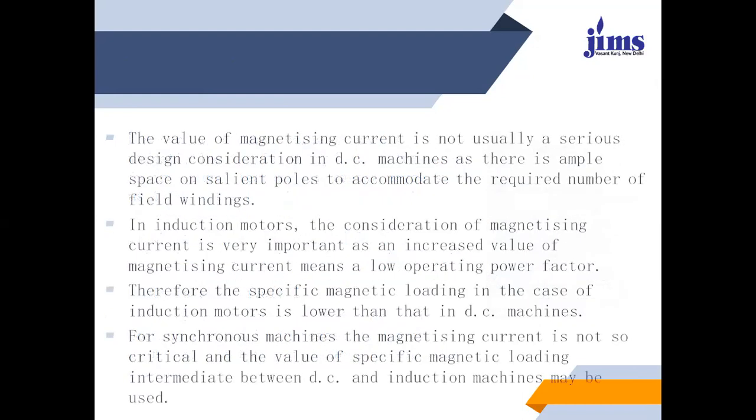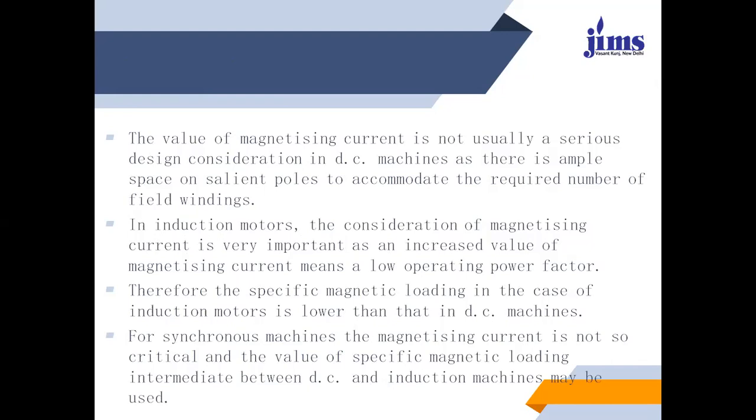The value of magnetizing current is not usually a serious design consideration in DC machines, as there is ample space on salient poles to accommodate the required number of field windings. In induction motors, the consideration of magnetizing current is very important, as an increased value of magnetizing current means a low operating power factor.